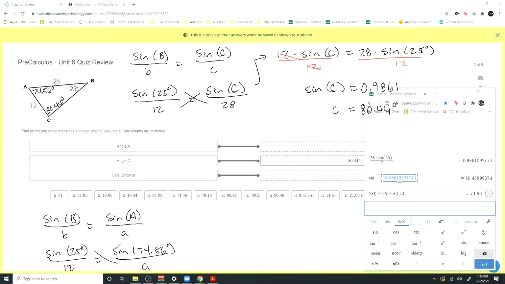I'm going to do this way first since I have an unknown A. So A times the sine of 25 degrees is equal to 12 times the sine of 74.56 degrees.